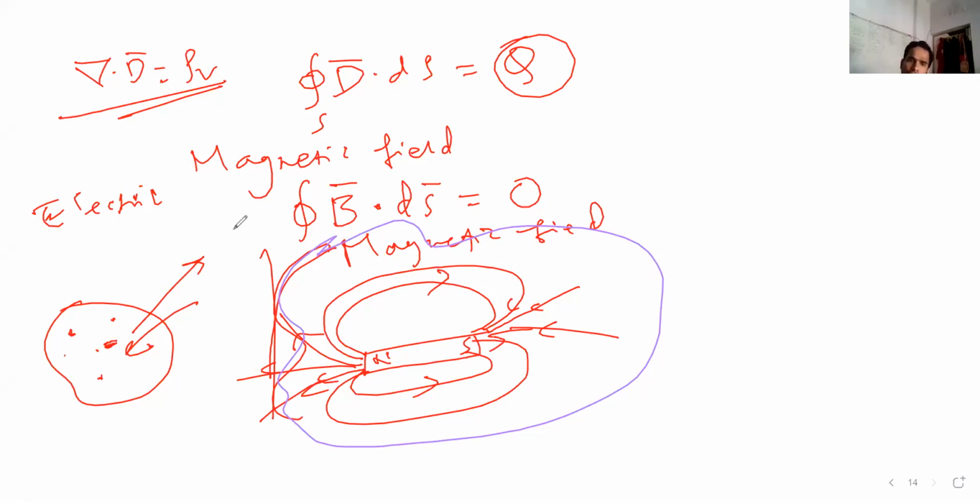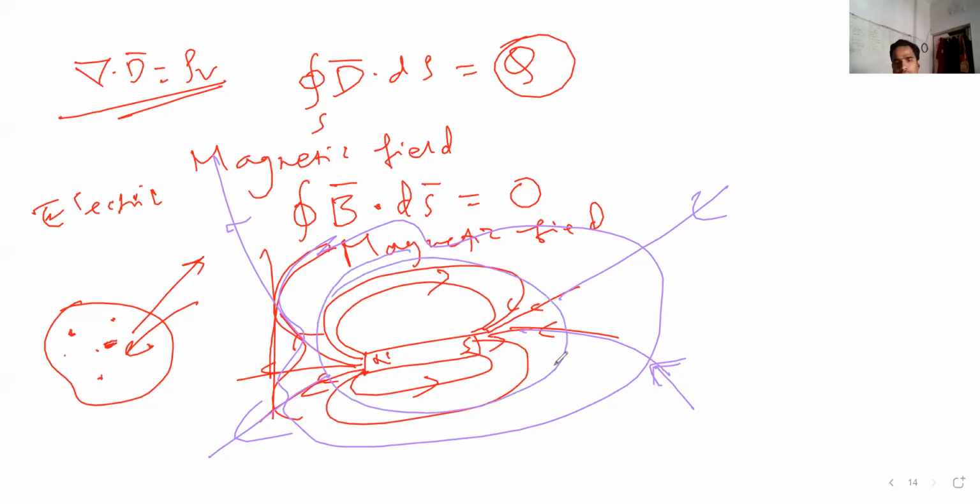Whatever is going out, the same is coming in, right? So if I put a closed surface at any point, of any volume, is it not okay? Students, are you all getting what I'm trying to say?